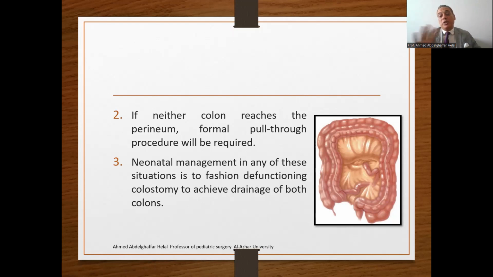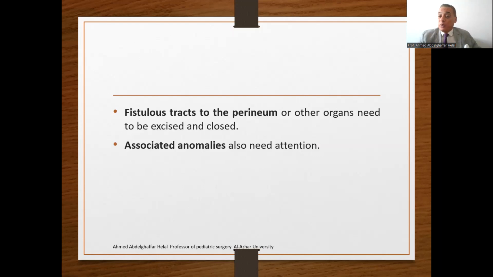If neither colon reaches the perineum, a pull-through is performed. With neonatal management with a colostomy, you should consider draining both colons, not only one. A fistulous tract to the perineum or other organ needs to be excised, and associated anomalies need to be addressed, such as genitourinary tract anomalies, as these are related embryologically to the hindgut development.